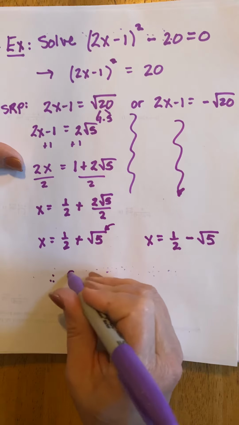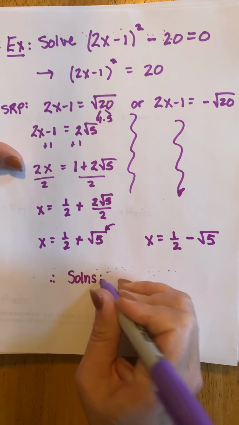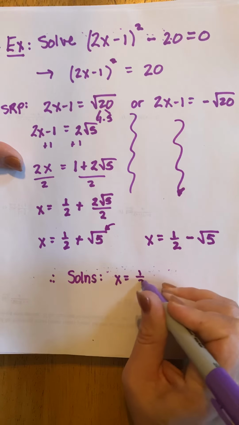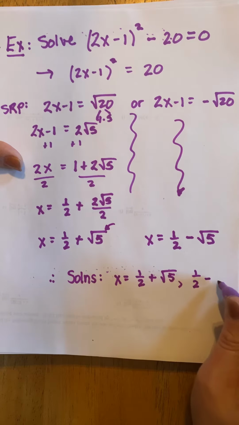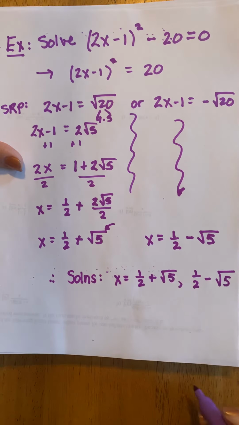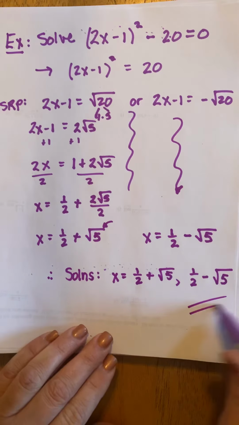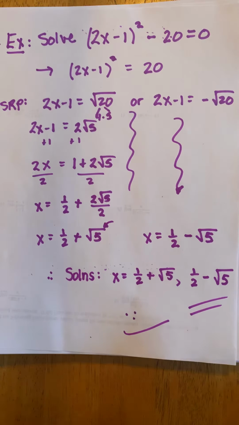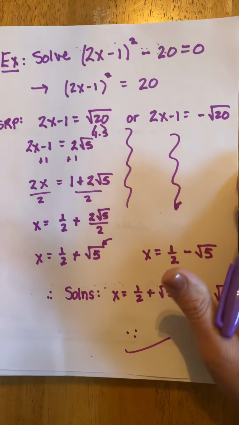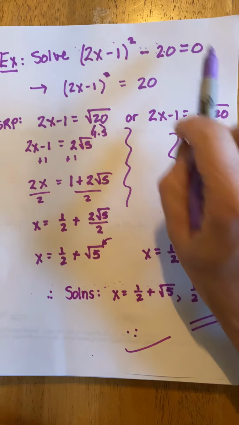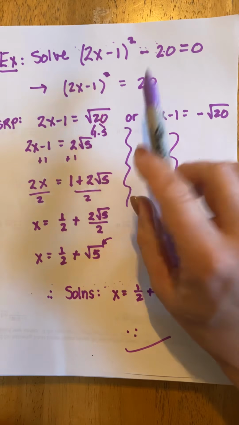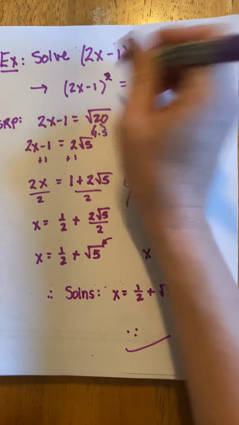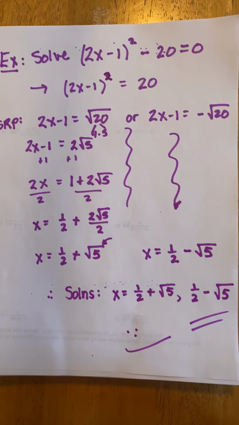So therefore, my solutions are x is equal to 1/2 plus the square root of 5 and 1/2 minus the square root of 5. There we go. What we did up here is we took what was being squared and isolated it by adding the 20 to both sides and got it into the form something squared equals a number. And then we used the square root property.